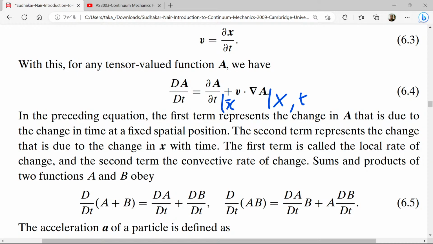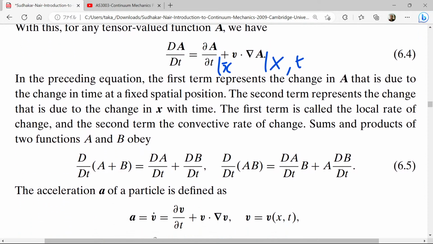The first term is called the local rate of change, and the second term the convective rate of change. Sum and products of two functions, A and B, work as usual. This is just a regular thing.